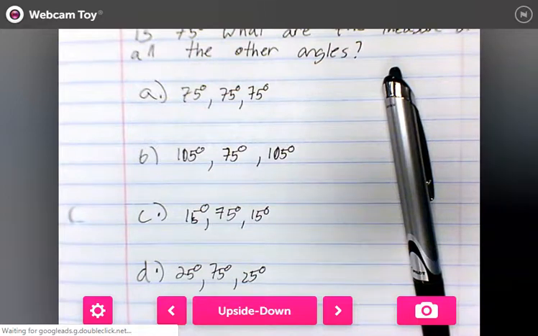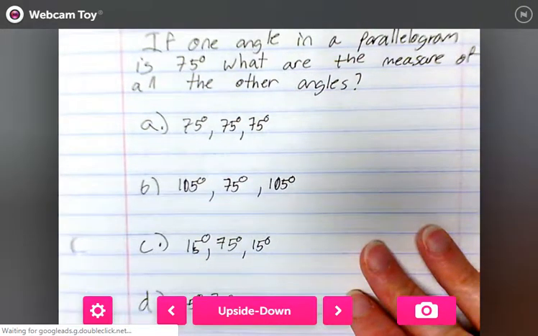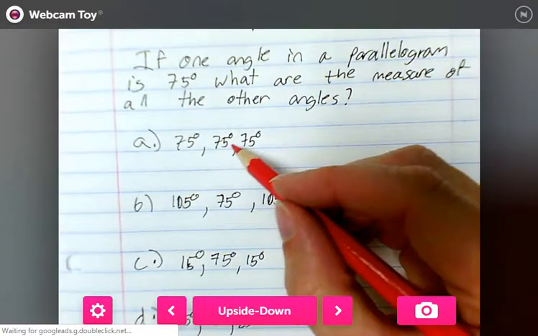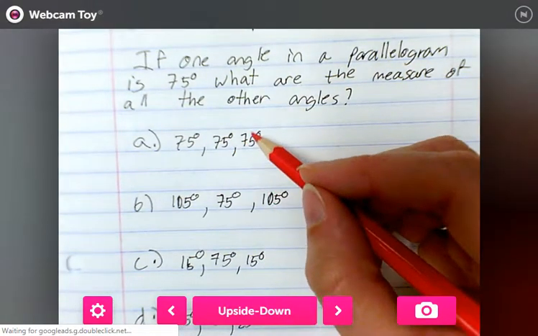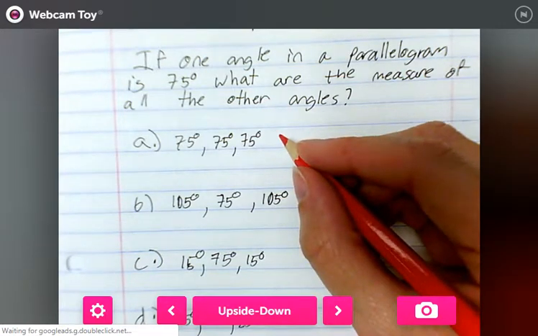Okay. So what we're going to do is go through this and annotate it to say why things don't work. So let's look at A. Why is it not 75 degrees, 75 degrees, 75 degrees, 75 degrees? Does it add up to 360?